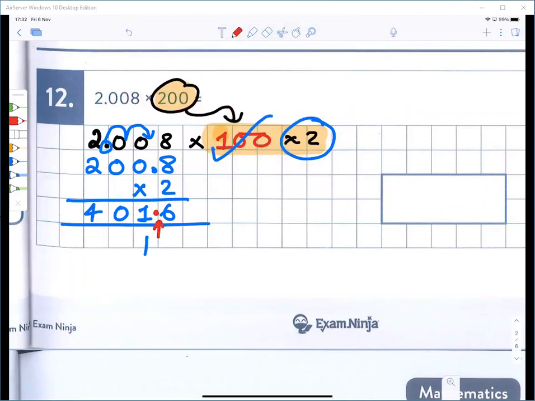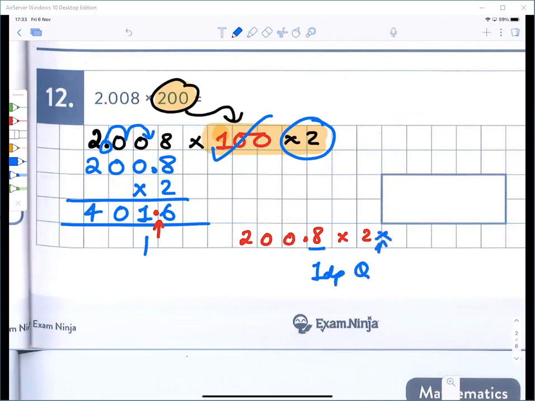Now in decimal multiplication, when we multiply decimals, we don't line up the decimal points, we count the decimal places. So I'm going to show you what we've done here. We had 200.8 times by 2. As we've done before, we count 1 decimal place in the question, because there's no decimal places here at all.